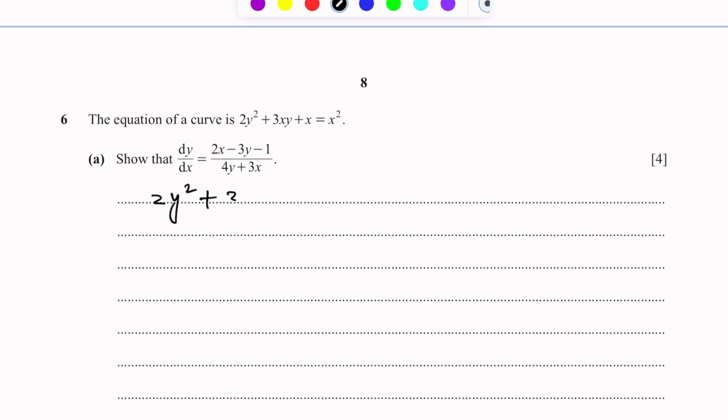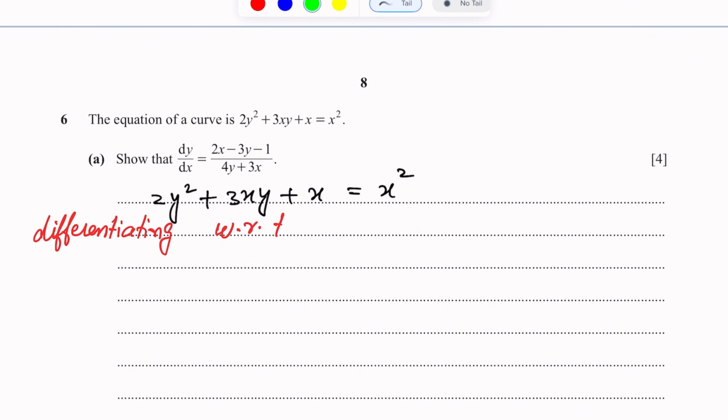2y square plus 3xy plus x is equal to x square. Differentiating with respect to x, each term on both sides.